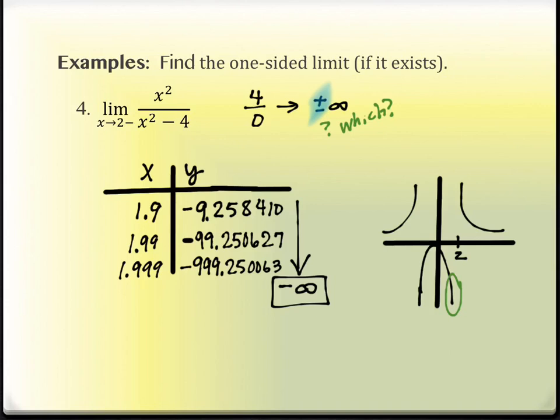Here we're only asked 1 question. We need to make sure that the part we're looking at on the graph is the part we're really trying to find information about. It would be the green part that I've circled, because it's values that are close to 2 and slightly to the left. There are other places where there are infinite limits, other places where I have vertical asymptotes here, but the green part I've circled is the part that answers my question. Okay?